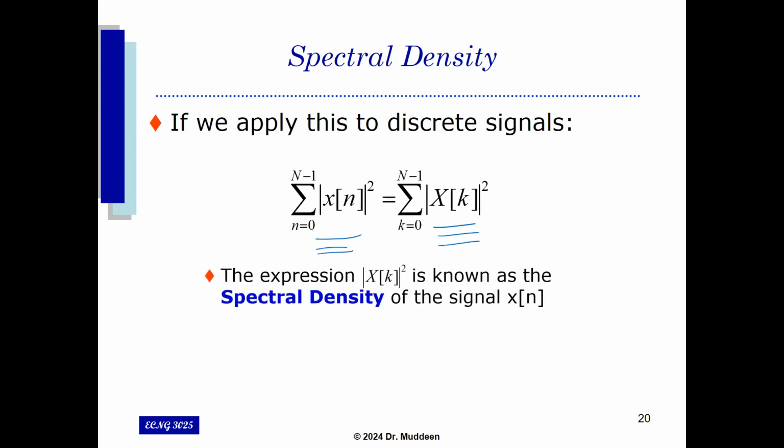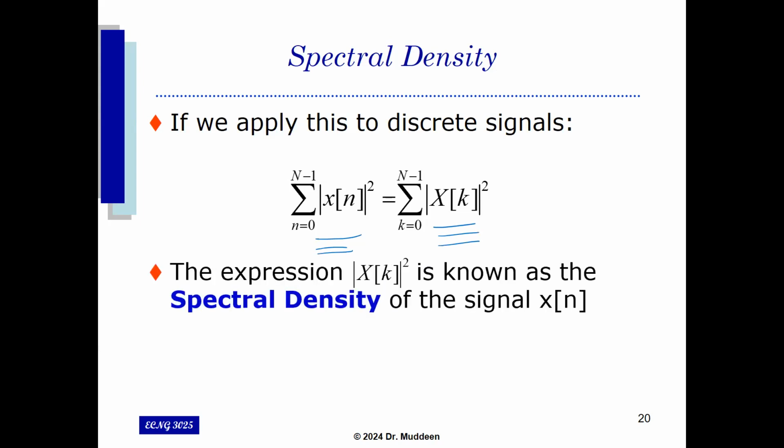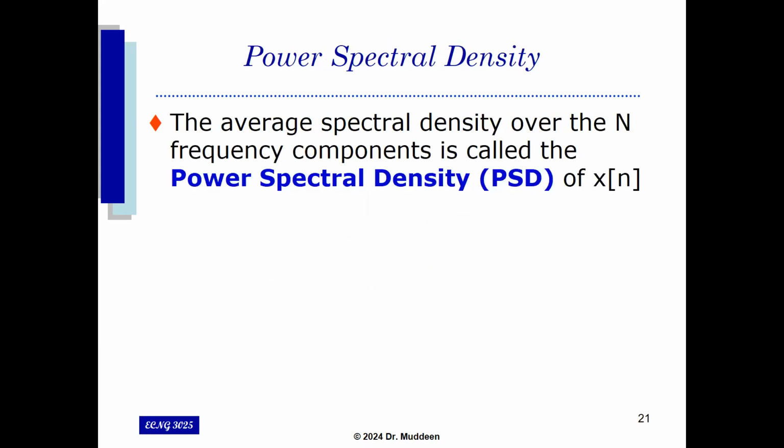All right, that is what we call the spectral density of the signal. In that expression here, if I take my signal, calculate the spectrum of it, and for each spectrum output, I square it and sum up all of those answers, I have something called the spectral density of the signal. Those in the communication field probably would have encountered that term already, and maybe in some more detail than this.